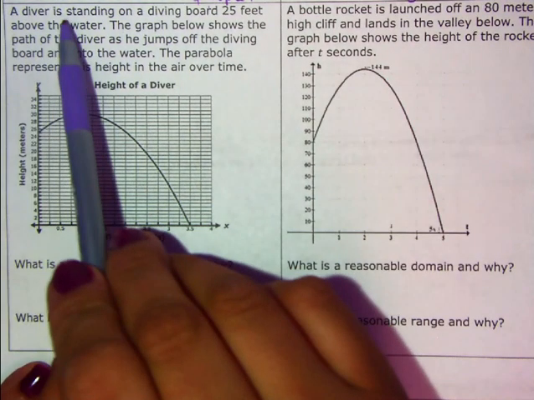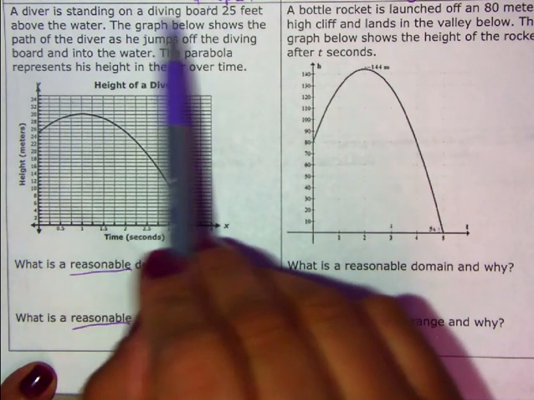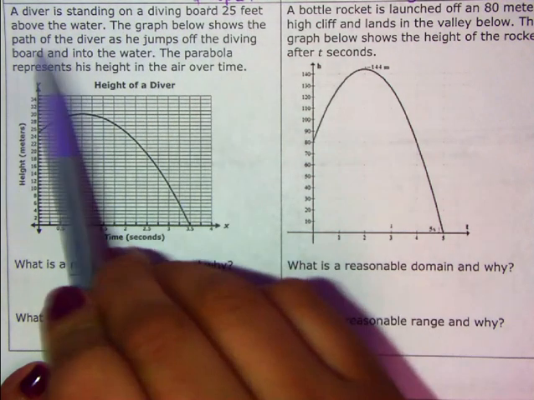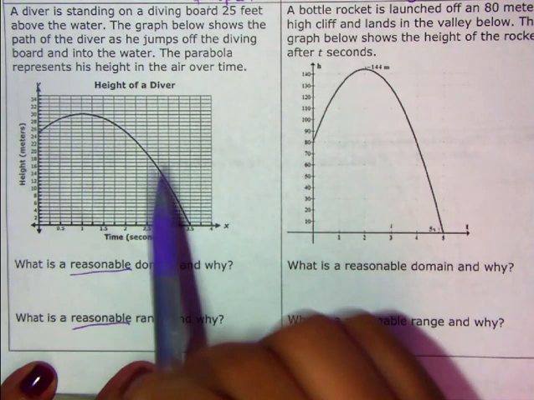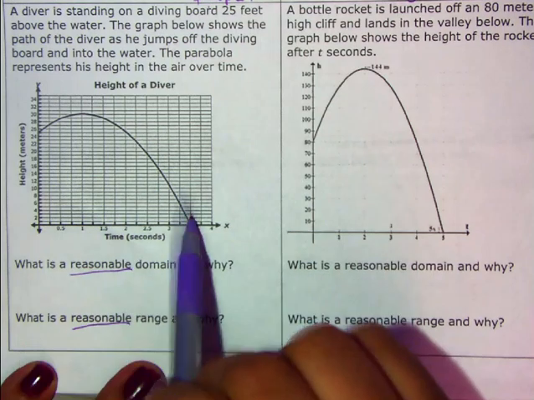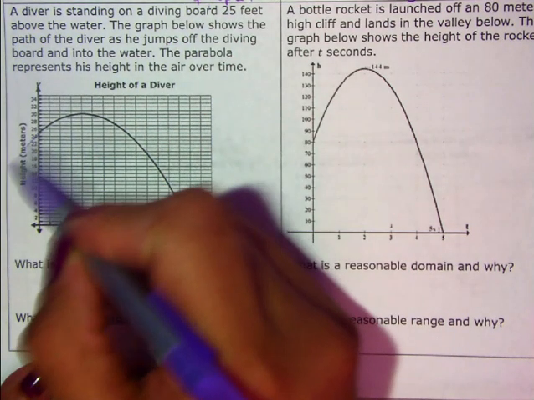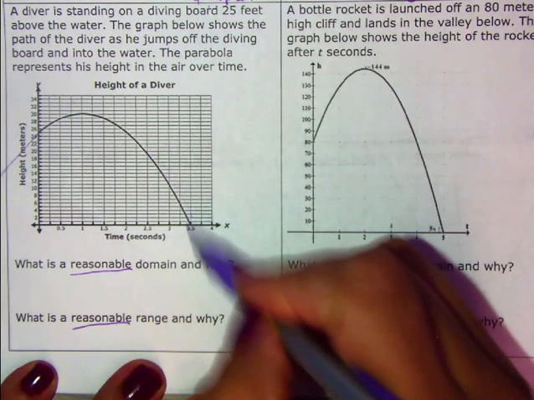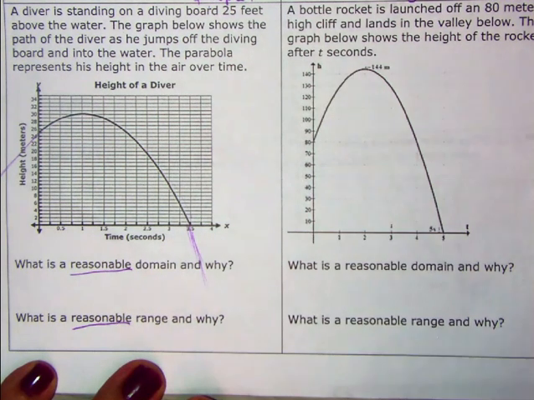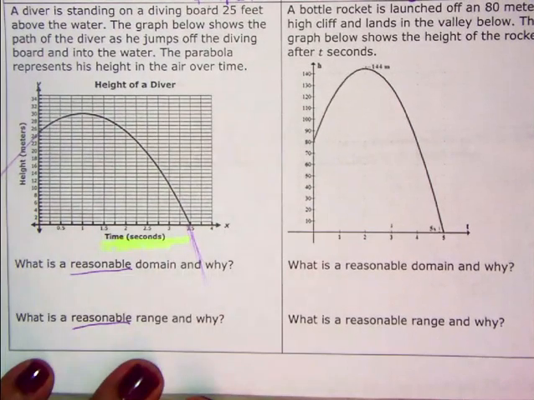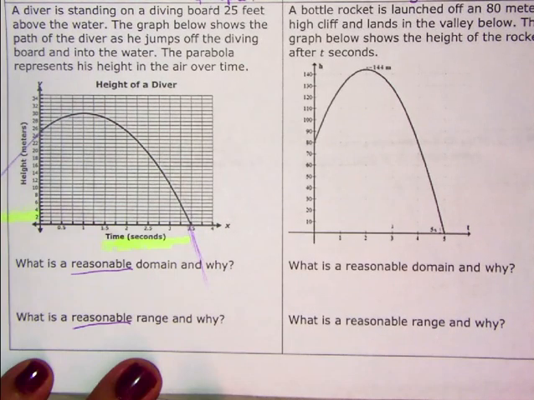So here I have a scenario of a diver standing on a diving board 25 feet above the water. The graph below shows the path of the diver as he's jumping off the diving board and into the water. And this parabola does keep going. If you were to graph in your calculator, it does keep going. But realistically speaking, in the real world scenario, in terms of time, we don't have negative amounts.